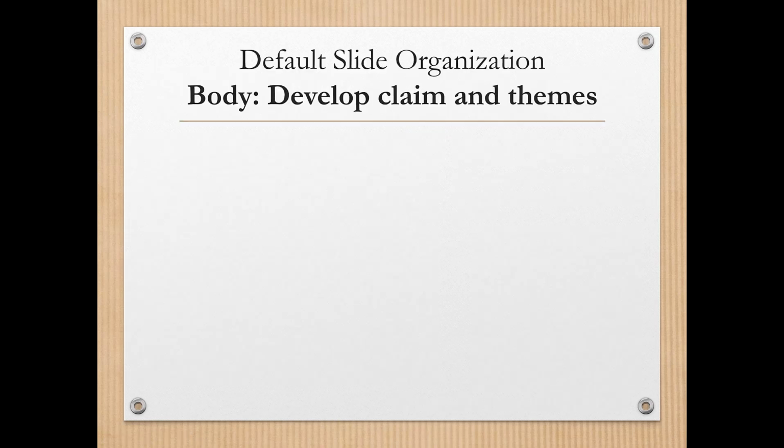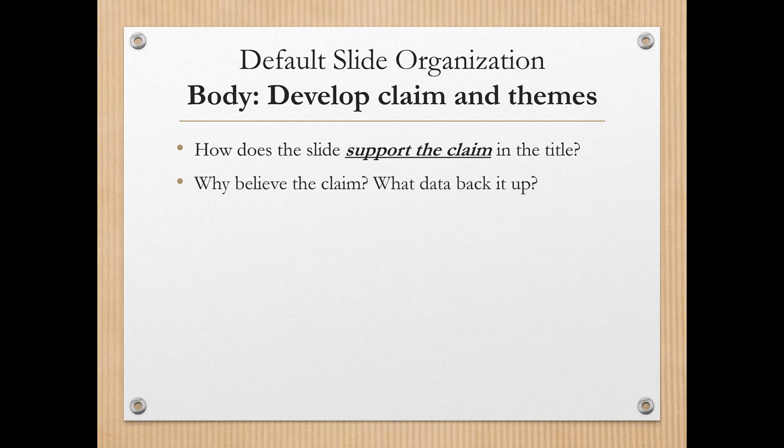So again, the body is important because we have to develop the claim. We've set up a claim in the title, and it steers us to know what to put in the body of that slide. So really we're thinking to ourselves, how must this slide support the claim that's made in the title? Why should the audience believe the claim?